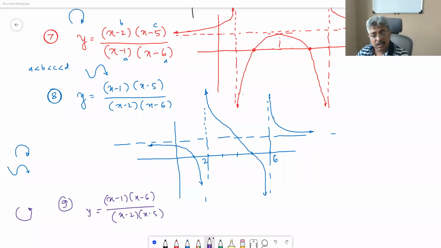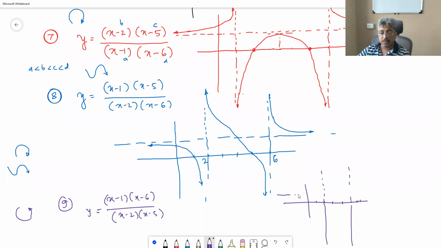You may end up getting 3-4 questions on a paragraph like this. The nature of this is exactly similar to 7 but upside down. 1, 2, 3, 4, 5, 6. Dotted lines at 2, at 5, at 1.